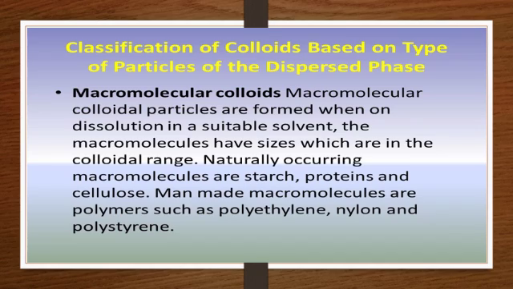Naturally occurring macromolecules are starch, proteins, and cellulose. Man-made macromolecules are polymers such as polythene, nylon, and polystyrene.